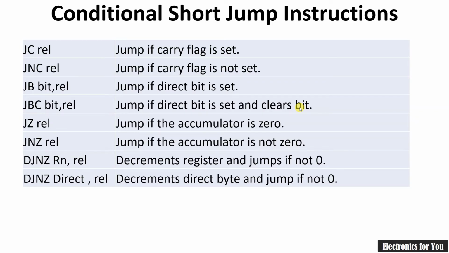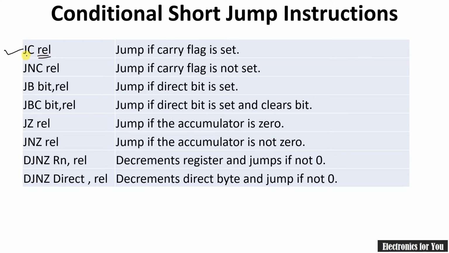Now the next one is the conditional jump instructions. All these are short jumps, because the relative address is written everywhere. All conditional instructions in the 8051 are short jumps. Now let me explain. The first instruction is JC REL, jump if carry, relative address.